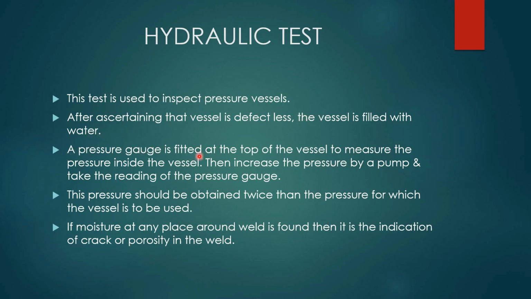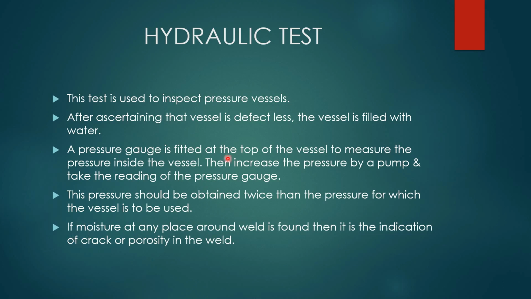A pressure gauge is fitted at the top of the vessel to measure the pressure inside the vessel. Then we have to increase the pressure by a pump and take the reading of the pressure gauge. This pressure should be maintained at twice the pressure for which the vessel is to be used. So what will happen if moisture is present at any place around the weld? Basically these pressure vessels are made by welding different components.